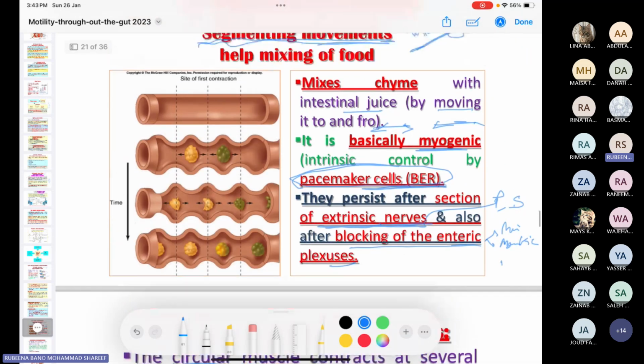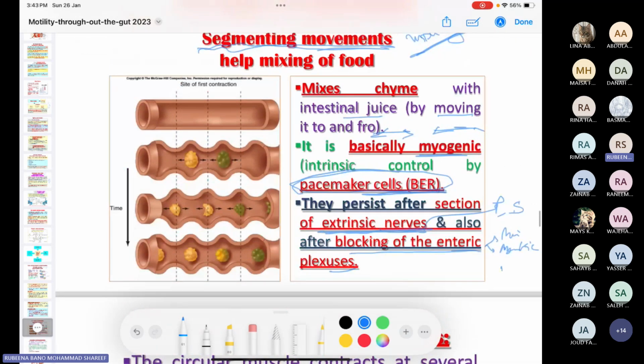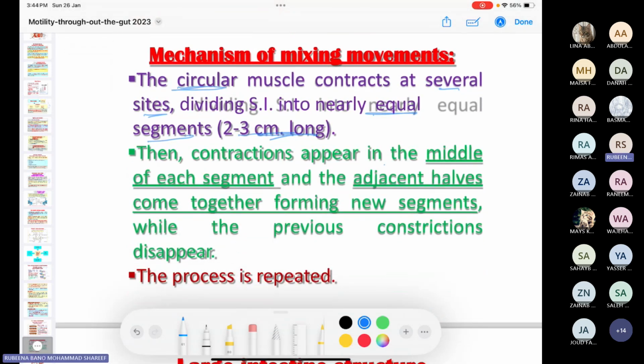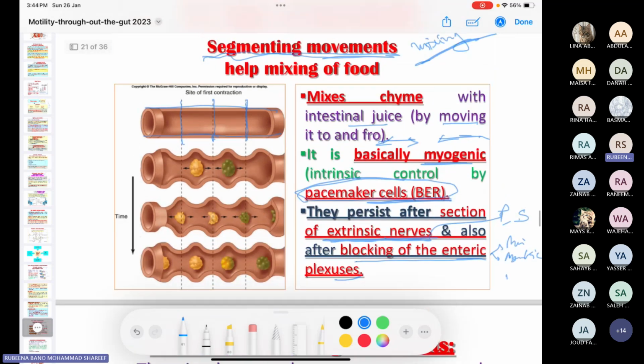As you can see in this picture, the division is equal. Then contraction appears in the middle of each segment. So this was the first step: dividing the small intestine into equal segments, and then contraction will occur.